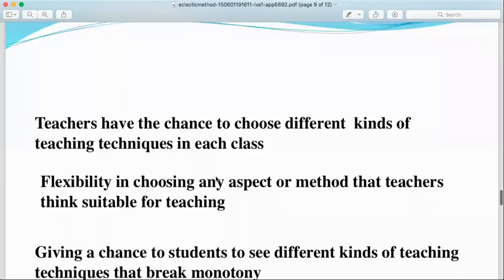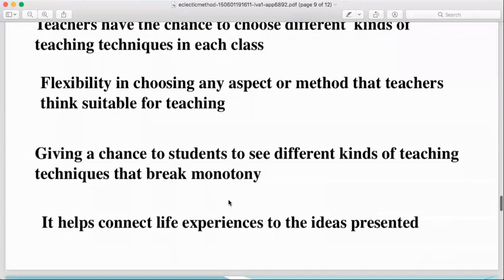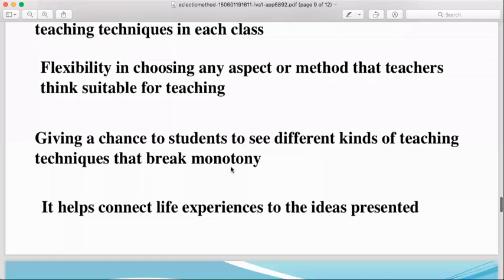So this we have done, that teachers have the chance to choose from different kinds of teaching techniques. There's flexibility. It gives the students the chance to see different kinds of teaching techniques. And as I told you, it is the teacher's job to make this very interesting and to break the monotony.